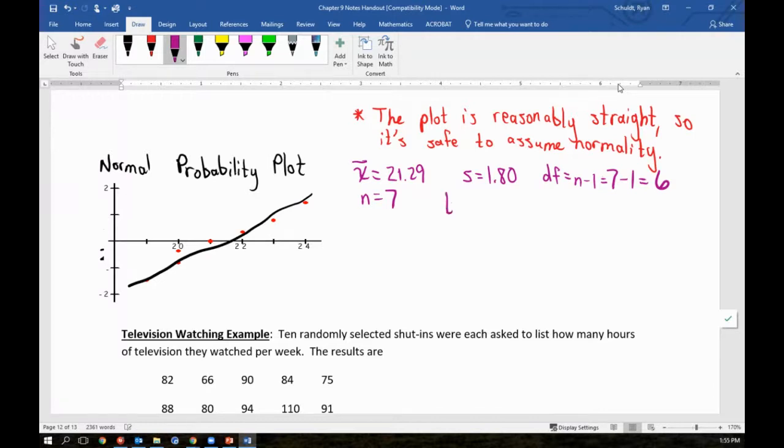So for our t critical value, we need to look for 6 degrees of freedom. And how confident do we want to be? 99%. So 6 degrees of freedom with 99% confidence.